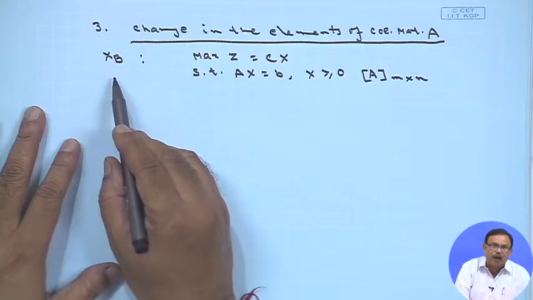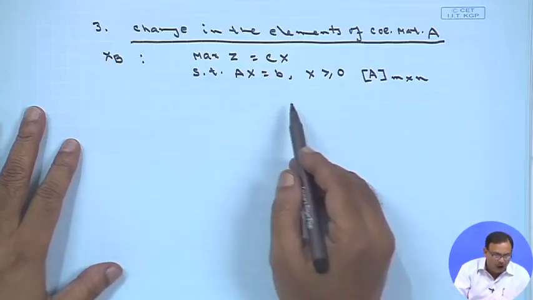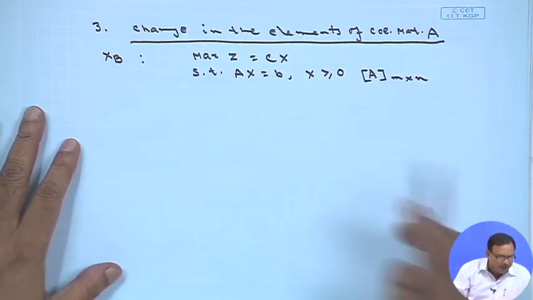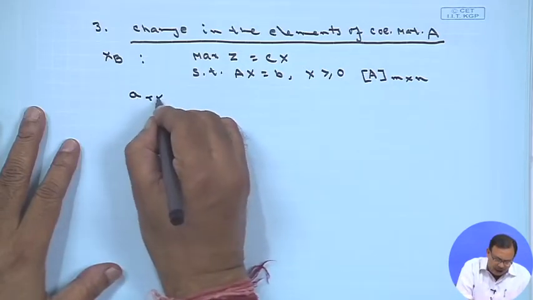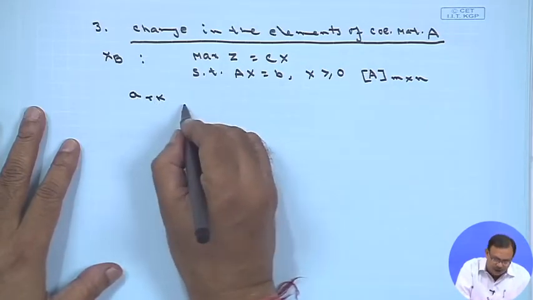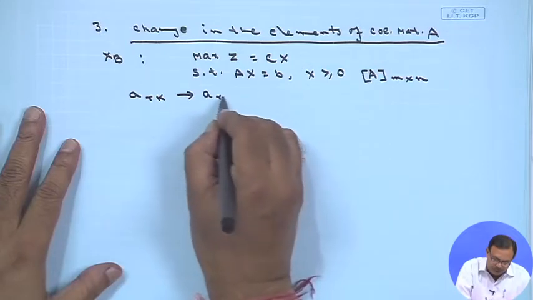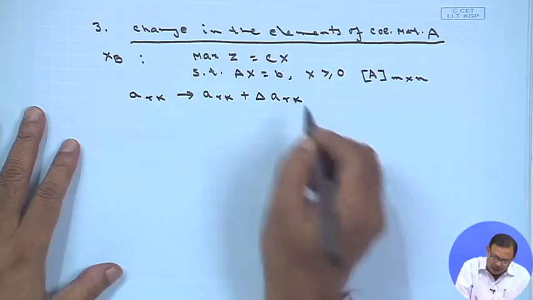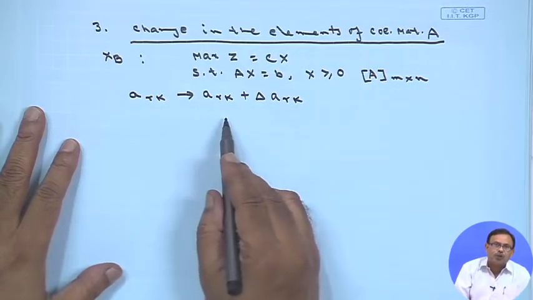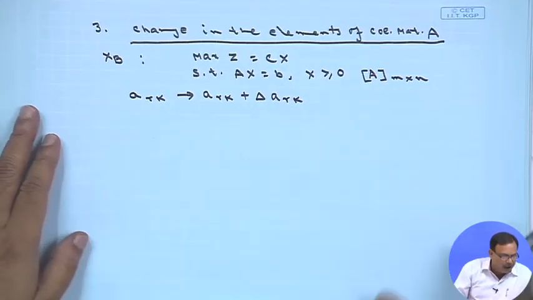Initially x B is the optimal solution of this problem. Now, suppose one element of A, say a r k, is changed to a r k plus delta a r k.